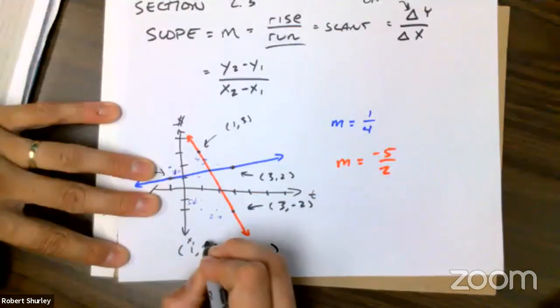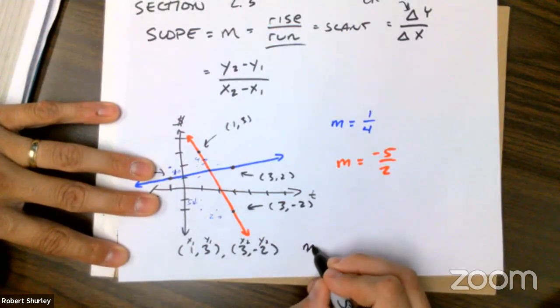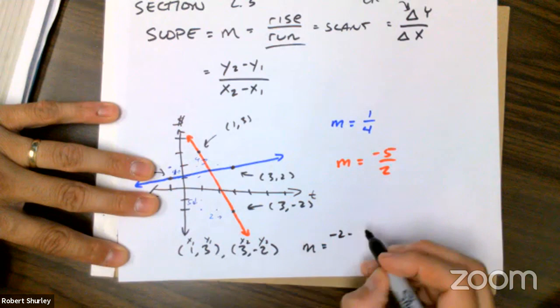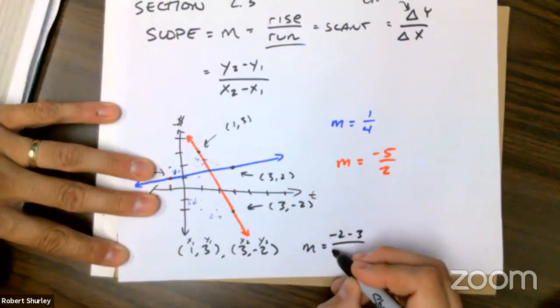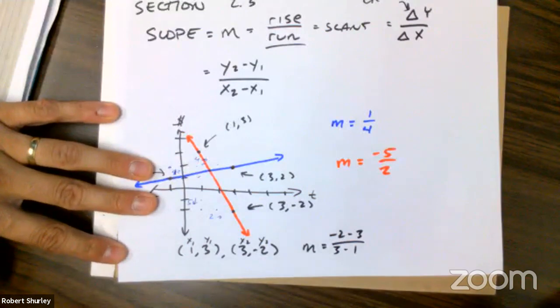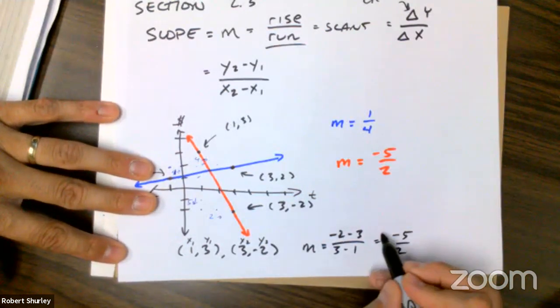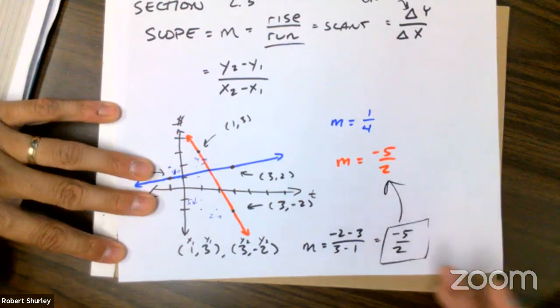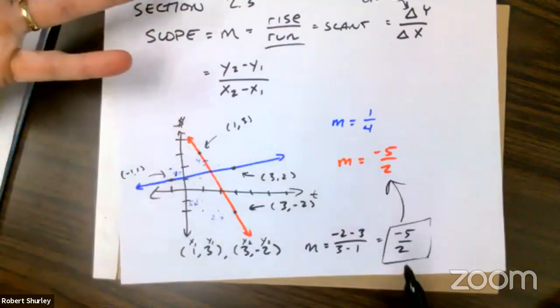Now, this is x1, y1, this is x2, y2, right? So the slope winds up being -2 minus 3 over 3 minus 1. So we wind up with -5 halves. Hey, it's the same, right?